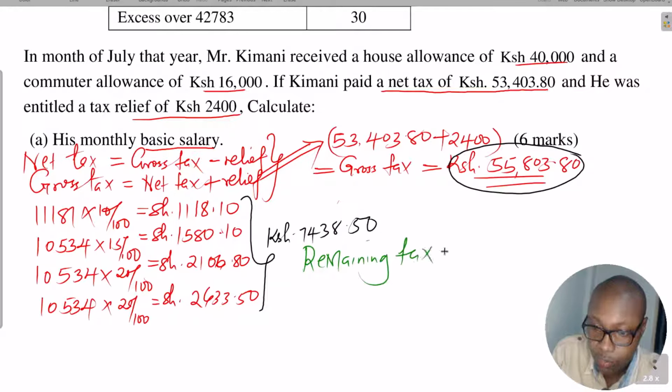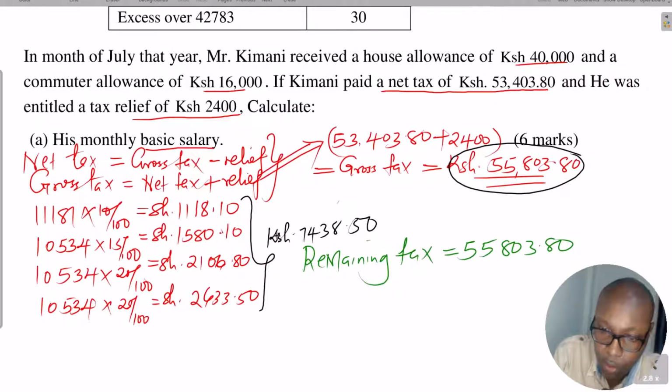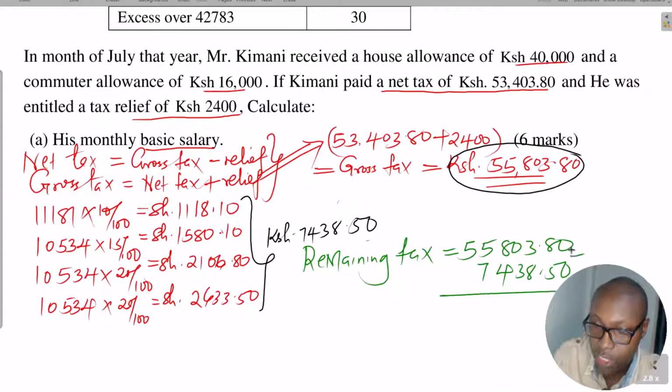So you have the total gross tax that you need, which is 55,803 and 80 cents. And so far, you have only managed to get this tax, 7438 and 50 cents. So let us see what is remaining.